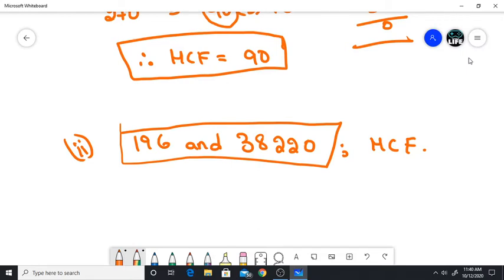They have given A equals to 196 and B equals to 38220. But while seeing the answers at the back of the textbook, the answer comes if A equals to 38,220 and B equals to 196. So take this as A and this as B.